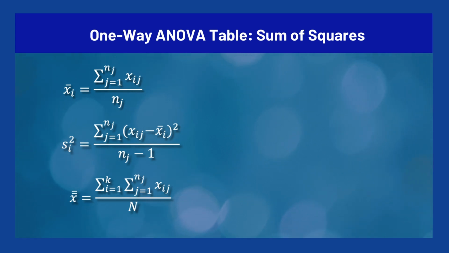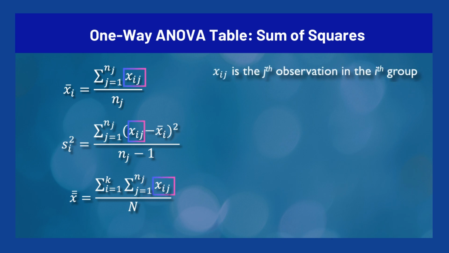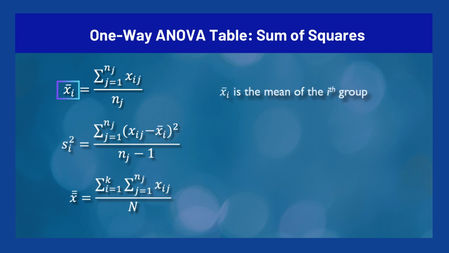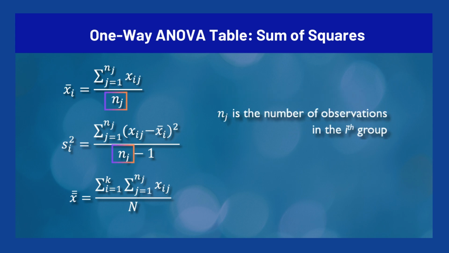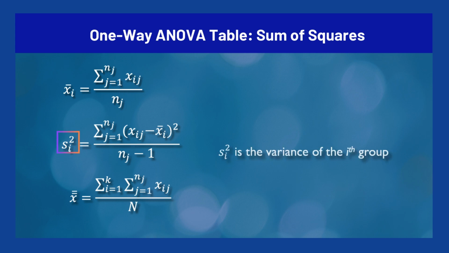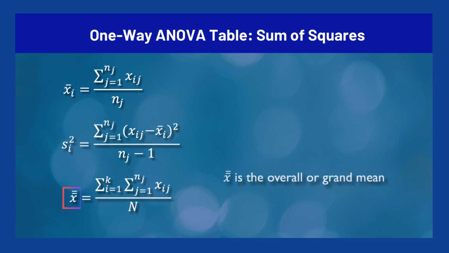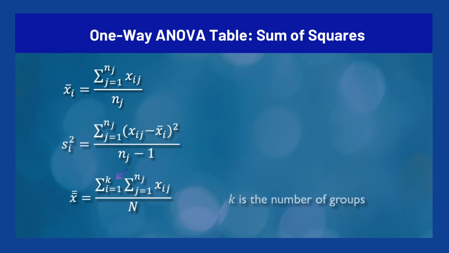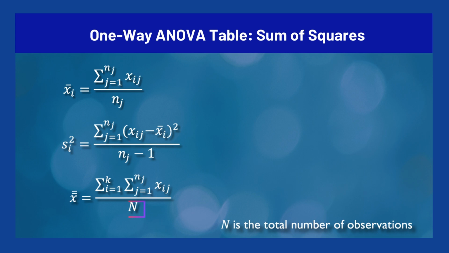Where in the ith group, xij is the jth observation, x̄i is the sample mean, ni is the number of observations, si² is the sample variance, and x̿ is the overall or grand mean. K is the number of groups being compared in the study. Capital N is the total number of observations across all the groups.